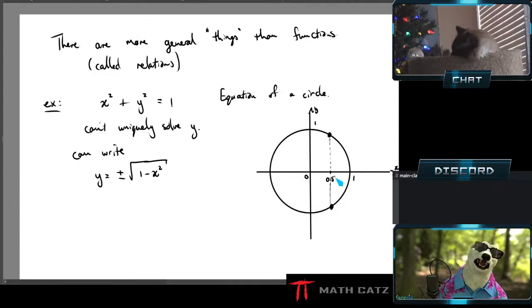Conceptually, that's a little weird. How can I put in one x value but get back two y values? It messes with my head a little bit if I think about that too much. The input-output idea that I use for functions kind of falls apart. It's more complicated than that.